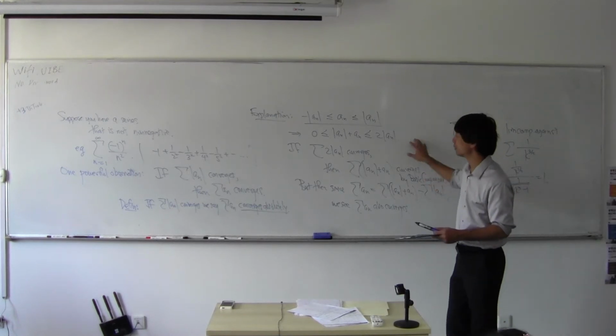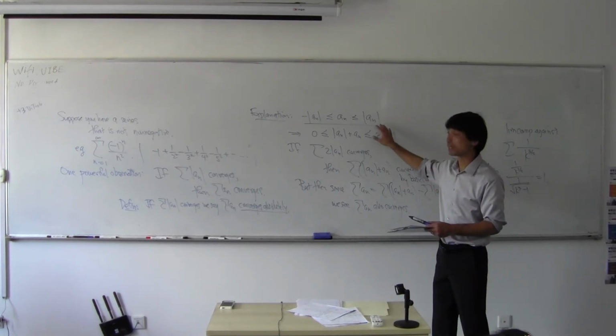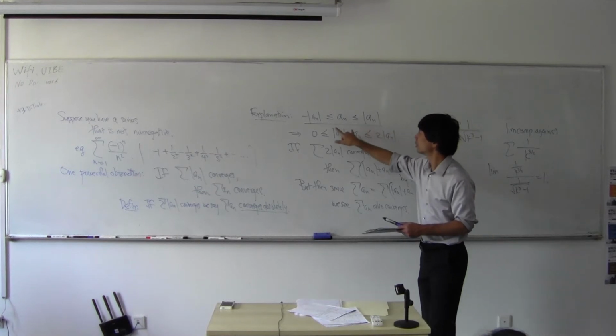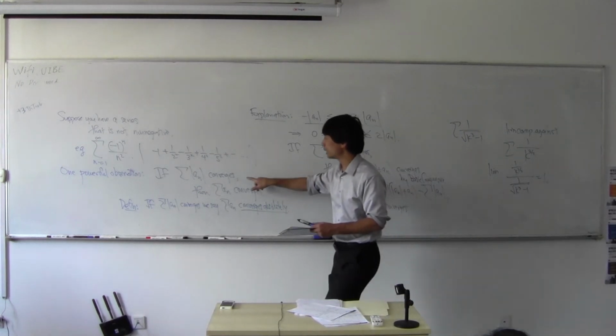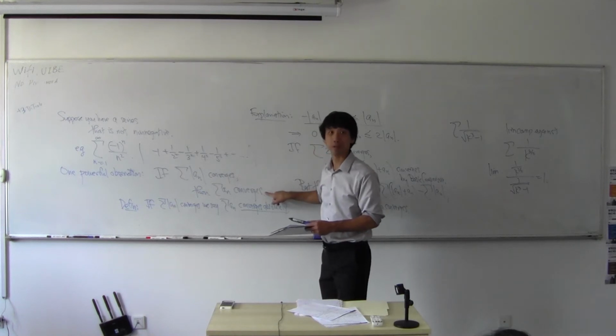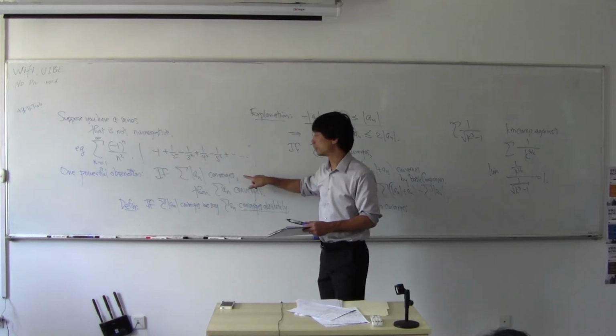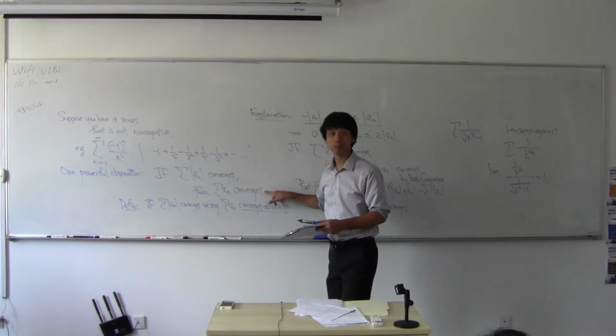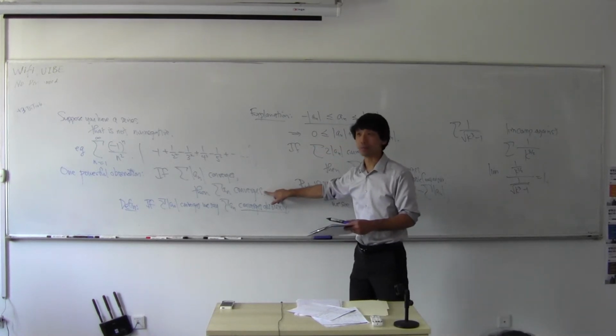Let me run through it again. We're trying to see that absolute convergence implies that you converge. If the sum of your absolute values converges, then the sum of your original series converges.